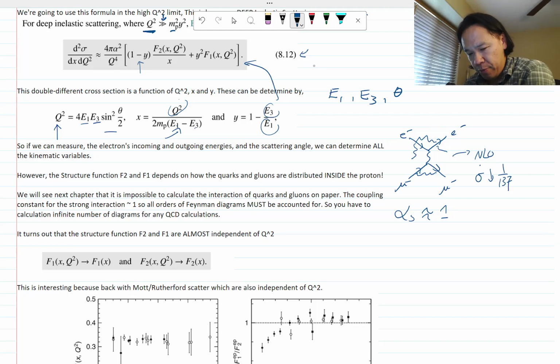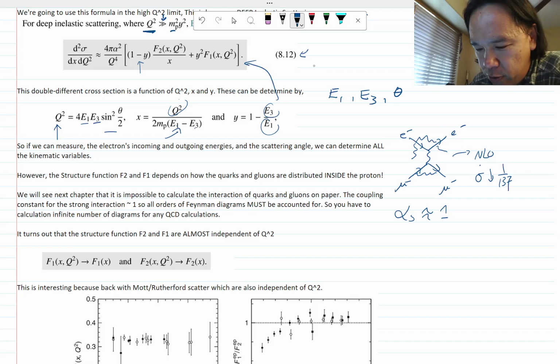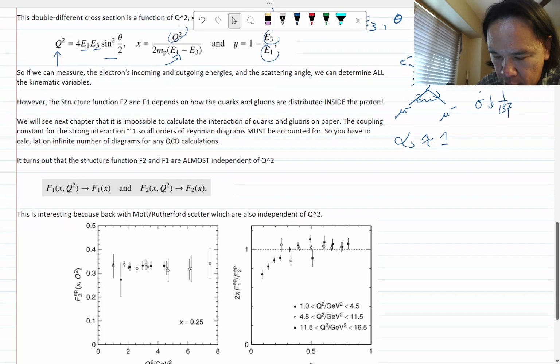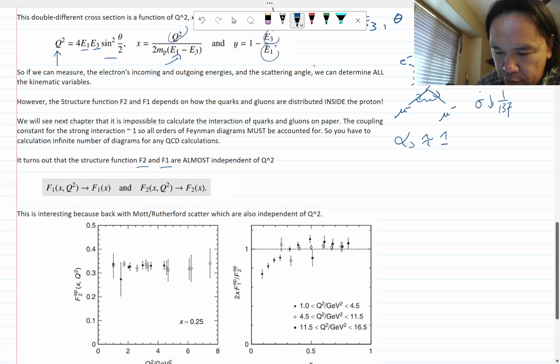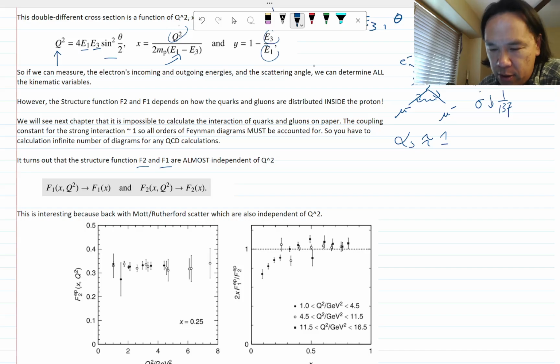For the strong force, your answer is completely wrong unless you can add up these infinite numbers of diagrams, which is impossible with our current technology, not just computer technology, but our mathematical tools to calculate them. So the structure functions F1 and F2 have so far only been experimentally measured.